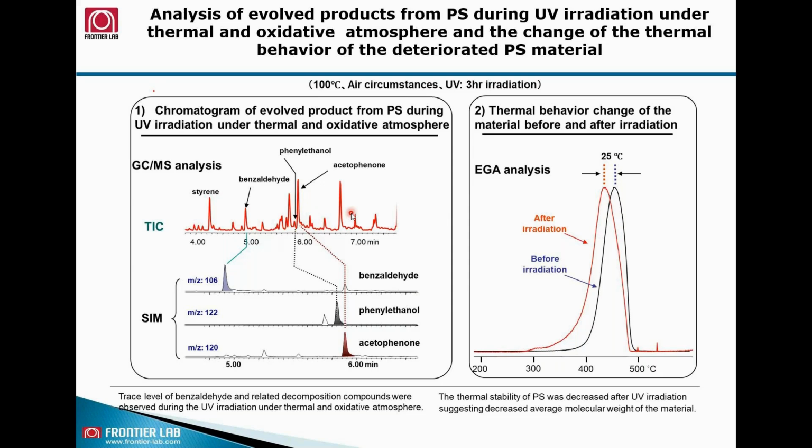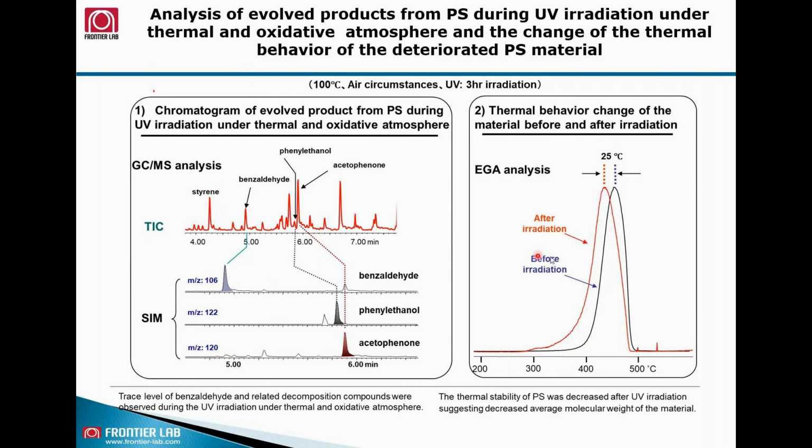So when we have polystyrene exposed to UV light for 3-hour irradiation, what you see here are the evolved gases, trapped with the help of our cryo trap MJT, then undergoing GCMS analysis. This sample shows prominent peaks for benzaldehyde, phenylethanol, and acetophenone. So this is on the gases that are released during light exposure.